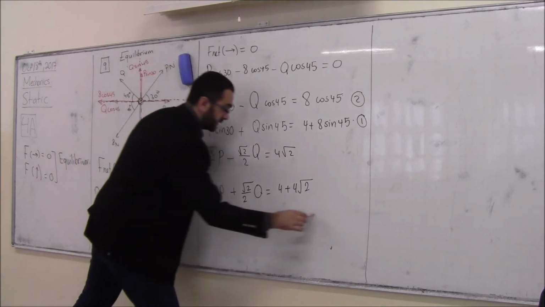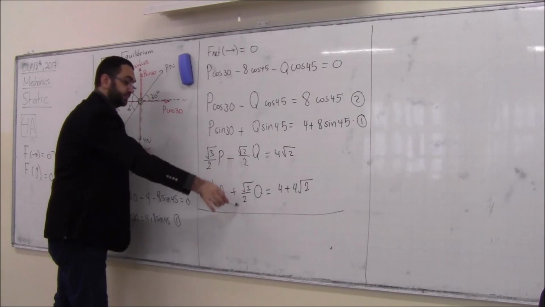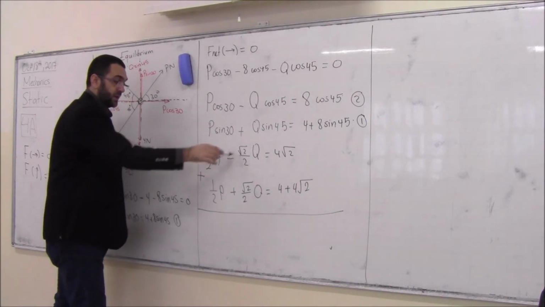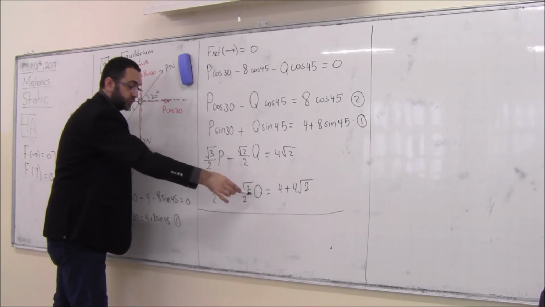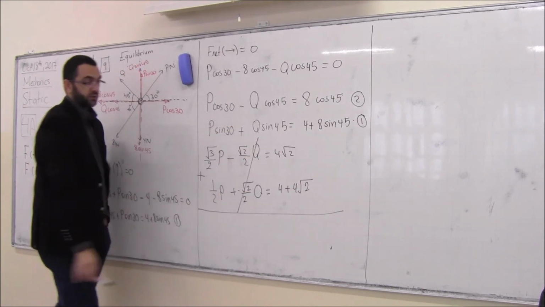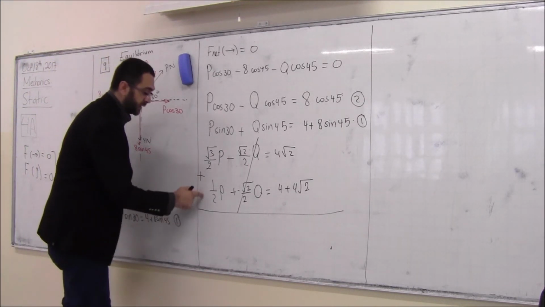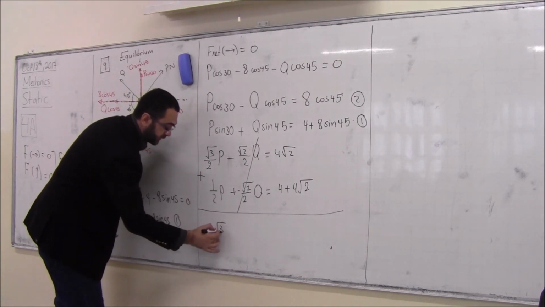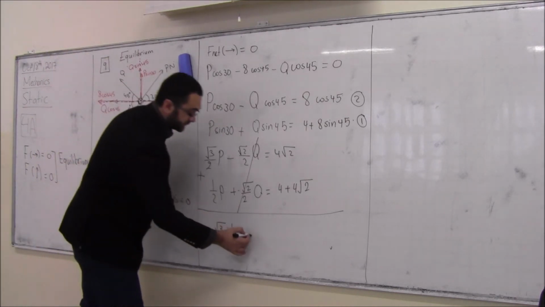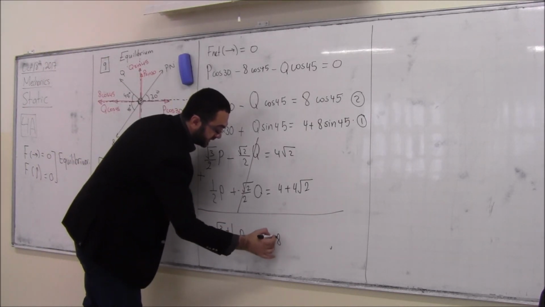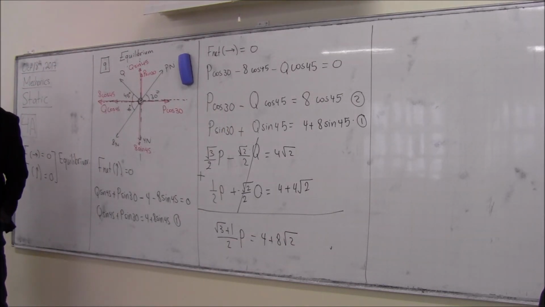Look here, girls. I can add them easily. Why? These will cancel out. If I add them, square root of 2 over 2 Q plus square root of 2 over 2 Q, this will cancel out. What we will have is square root of 3 plus 1 over 2 P equals 4 plus 8 square root of 2. By calculator, do everything.